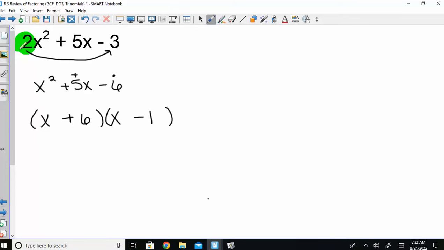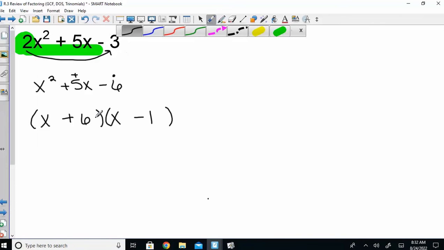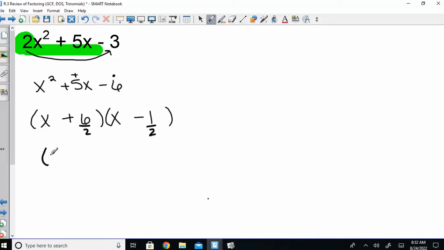But remember, we started out by bringing that 2 over, so we have to bring it back. So we divide by 2. So 6 divided by 2 is 3. You can't do 1 divided by 2. So 2x minus 1. If you can't divide it, the 2 comes back.